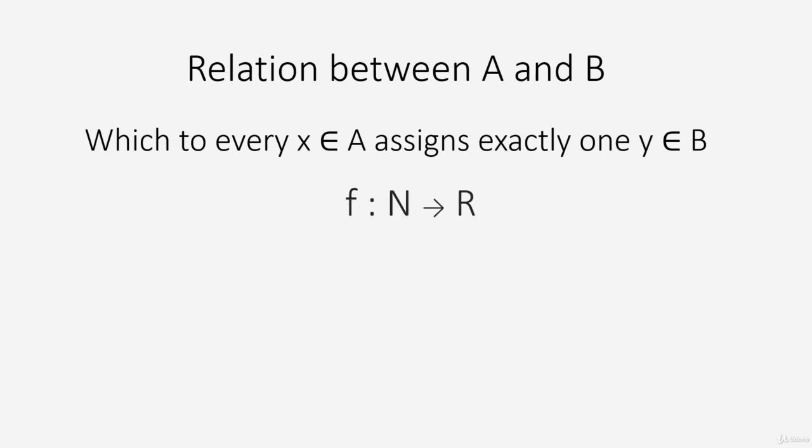Here I have a function f that takes N, so all the natural numbers, and it returns us some R, so a real number, and it is defined as y is equal to x plus 1, so y is what this function returns, and x is what this function takes. So in general, you get this equation, f(x) is equal to y.